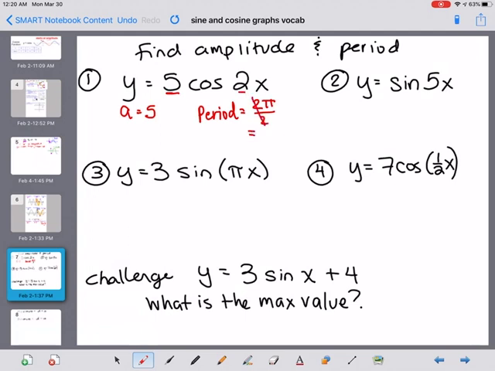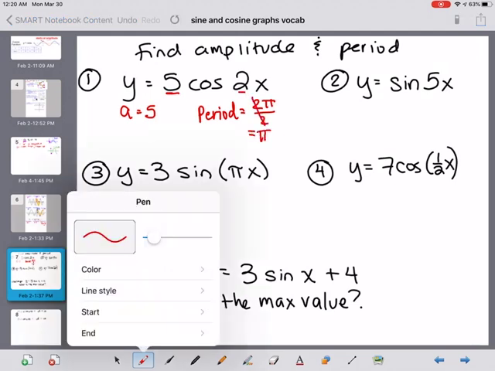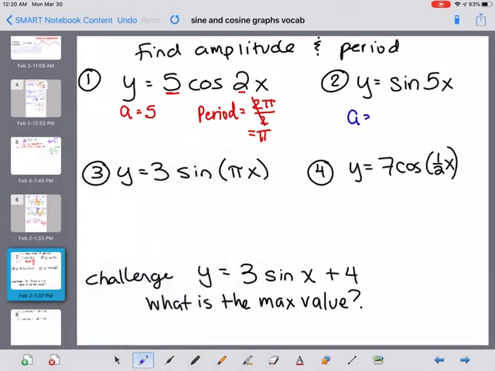Then we simplify, and that equals pi. Let's do the next one. Okay, the amplitude, that's the number right here. If there's no number, put a 1 in, so the amplitude's 1. The period is 2 pi over b, that's this guy. I can't simplify that, so the period is 2 pi over 5.